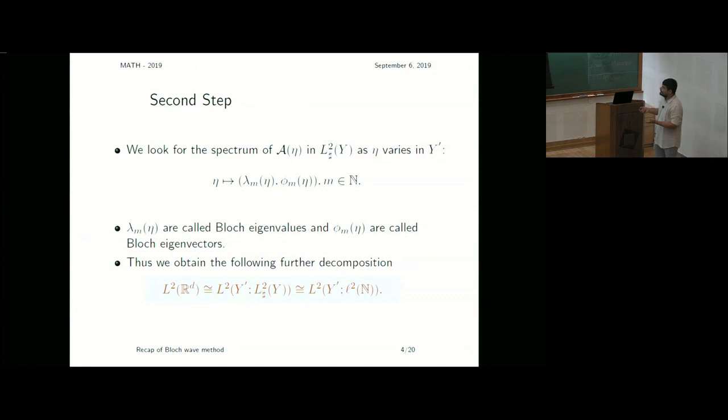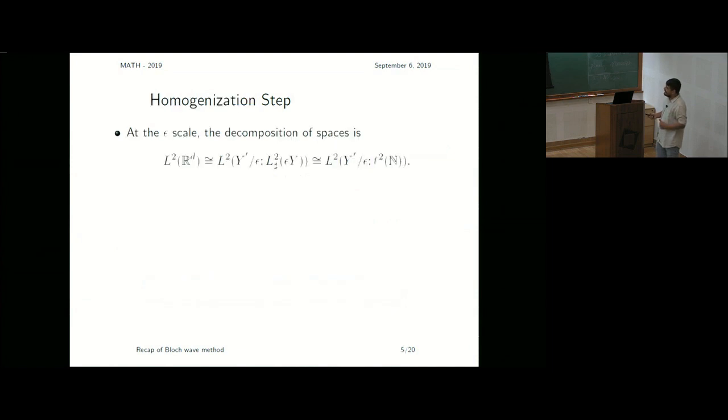All this we do at the scale epsilon equal to 1, but then we can go through the whole process once more at the epsilon scale, and the kind of decomposition that we obtain is this one. L2 of Rd is isomorphic to this space. So we get Bloch eigenvalues and Bloch eigenvectors at the epsilon scale.